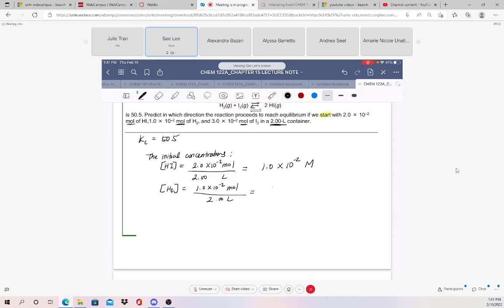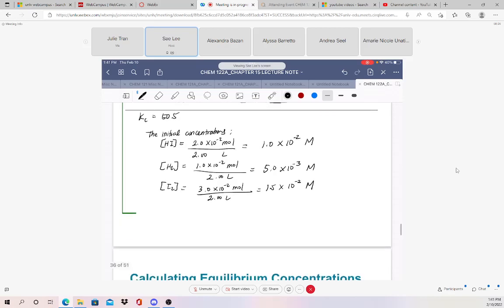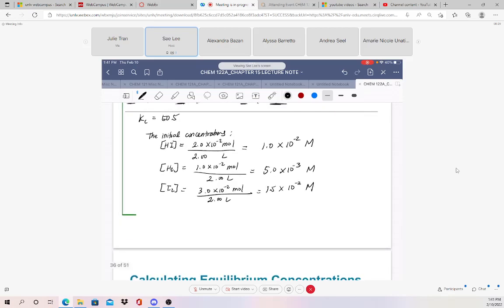You will have 0.5, but you don't want to use 0.5 for the scientific notation, so I'm going to change it to 5.0 times 10 to the negative 3 mole per liter. The concentration of iodine is going to be 3.0 times 10 to the negative 2 mole divided by 2 liters, which is 1.5 times 10 to the negative 2 mole per liter. Now that you have all the initial concentrations, you can find the quotient Q.